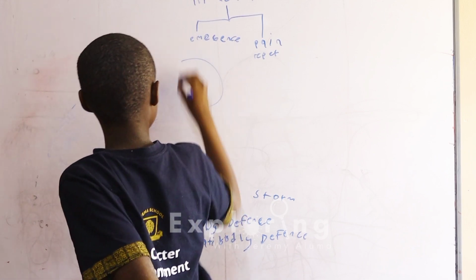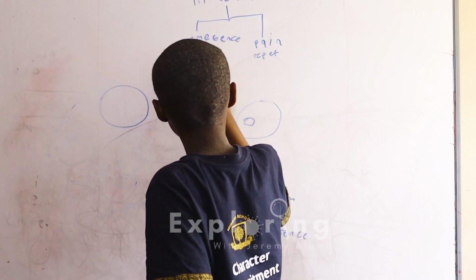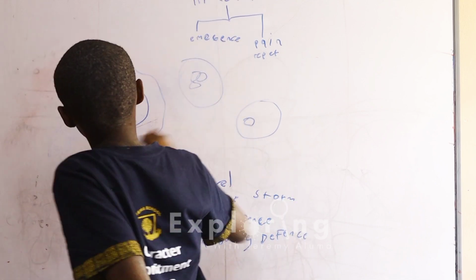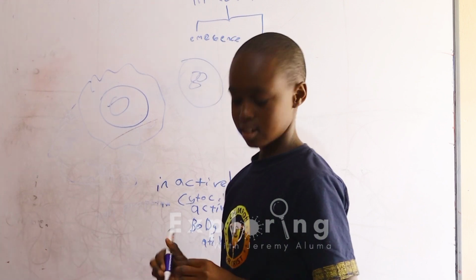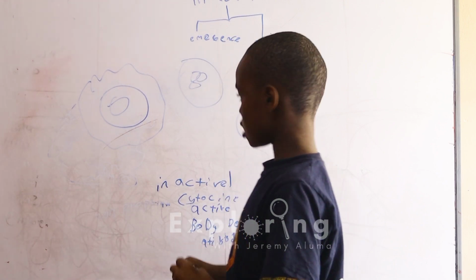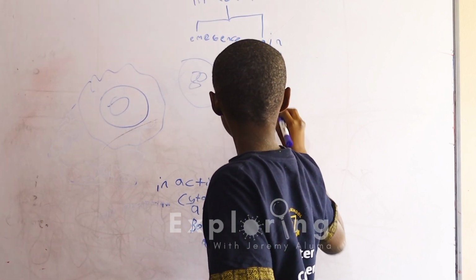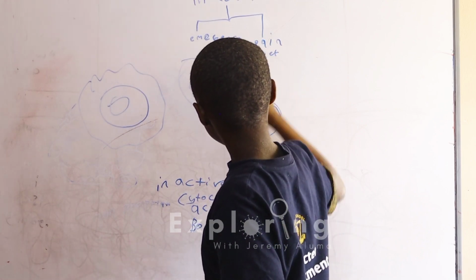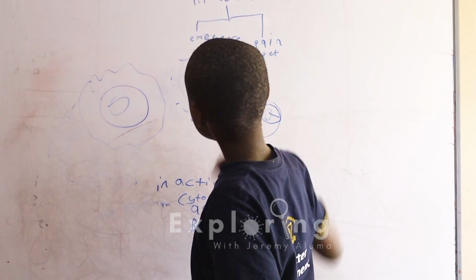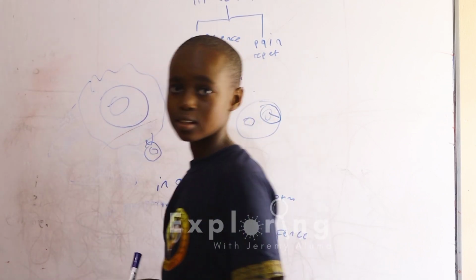We need 3 cells. We have the macrophages, the neutrophils, and dendritic cells. In an infection, macrophages will eat the bacteria. Neutrophils will kill bacteria with their cytokines. And dendritic cells will activate other cells.